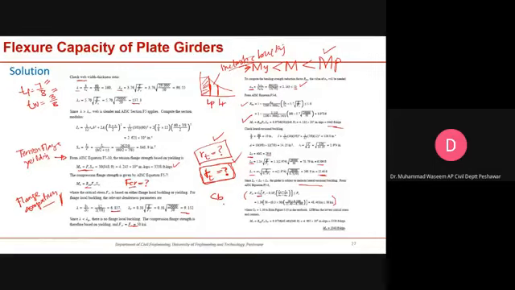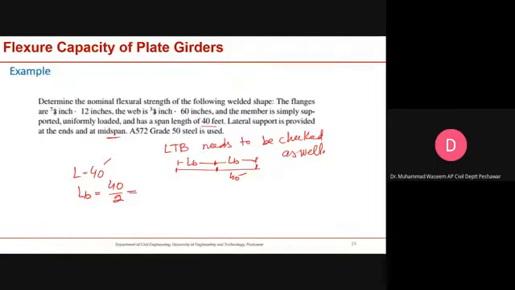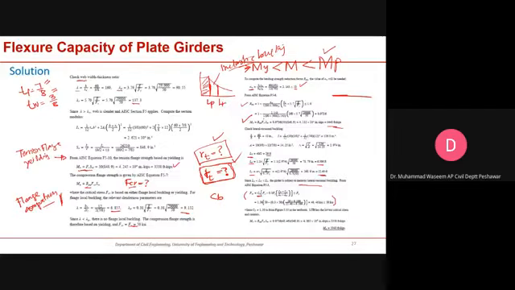This is a simply supported beam and it is uniformly loaded. So if this is the case, what will be the bending moment? Somewhat like this.